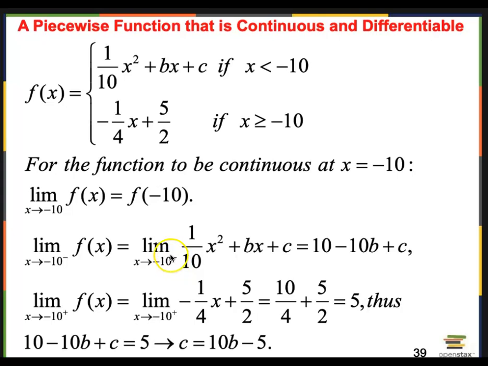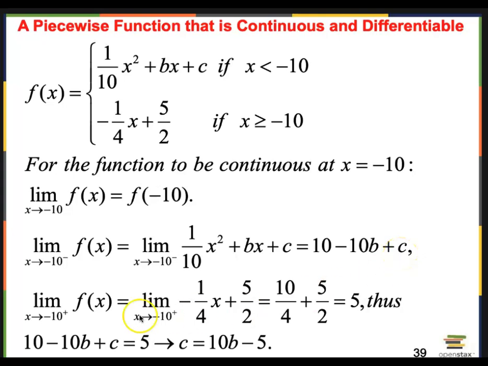The limit from the left would be 1/10 x squared plus bx plus c, equal to 10 minus 10b plus c. So we will substitute this in, and we get 10 minus 10b plus c.